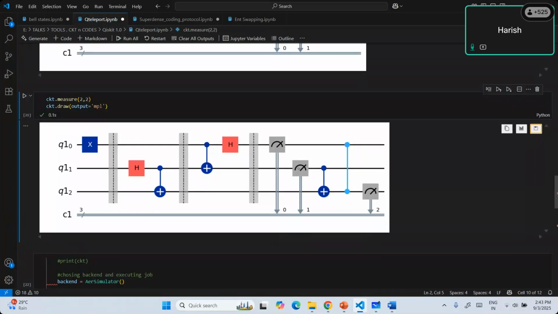Then she does this measurement. On measurement she gets two classical bits of information. Depending upon those values, Bob applies NOT and Z gates on his qubit. After this, Bob will also have 1, since initially it was 1.